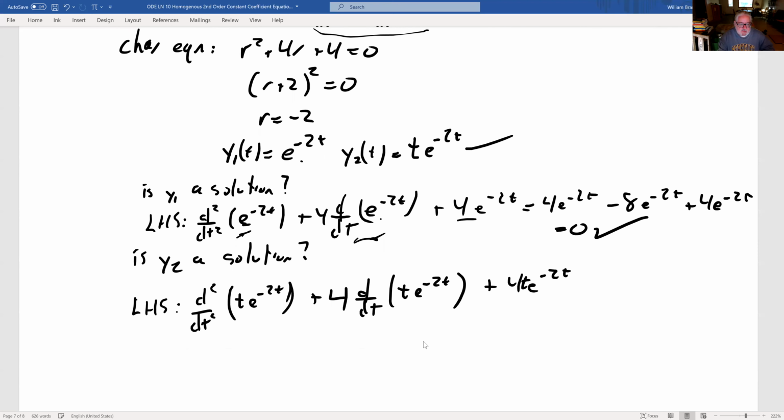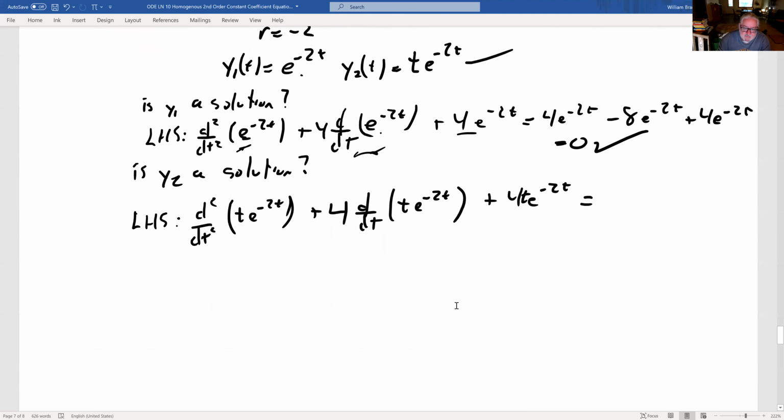So we're checking if this is a solution by plugging into the left-hand side and seeing what we get. So what is this going to be equal to? We'll write this down on the next line. This is still the 4t e to the minus 2t.